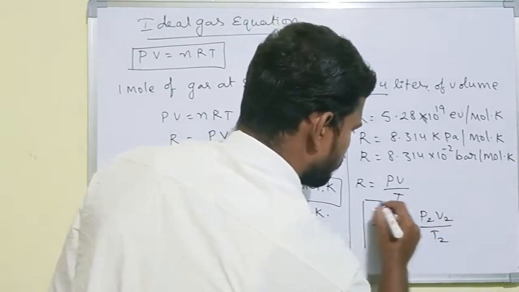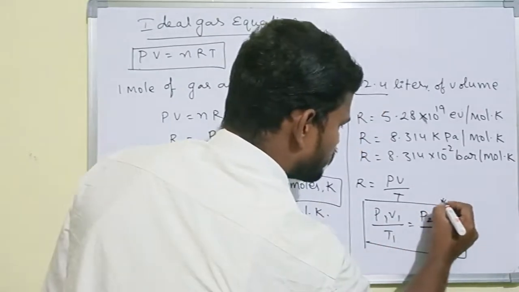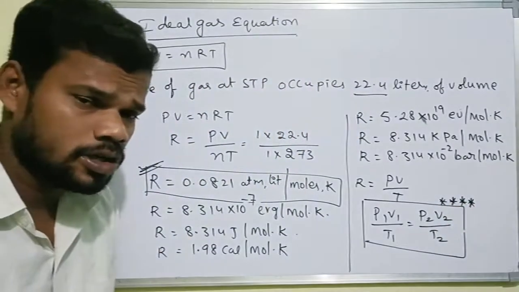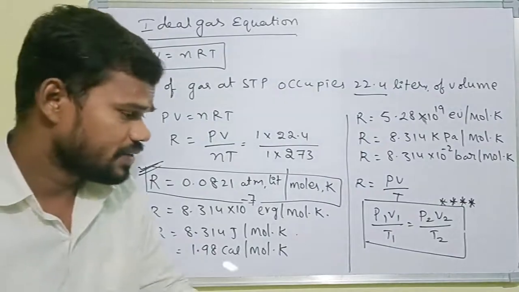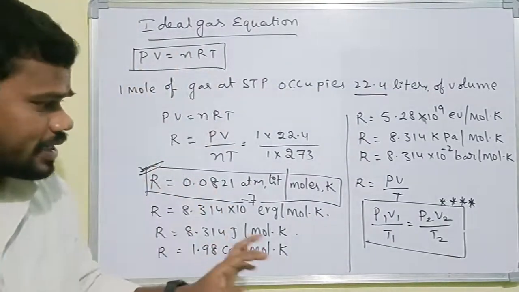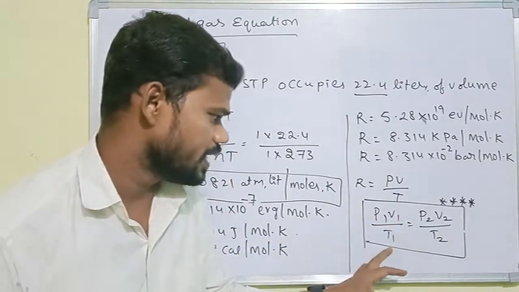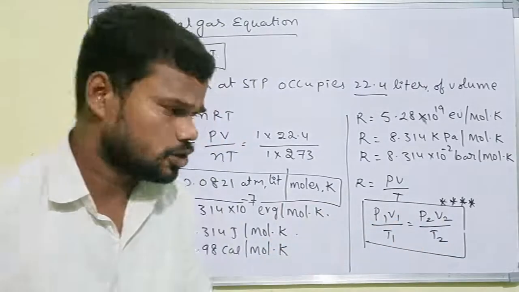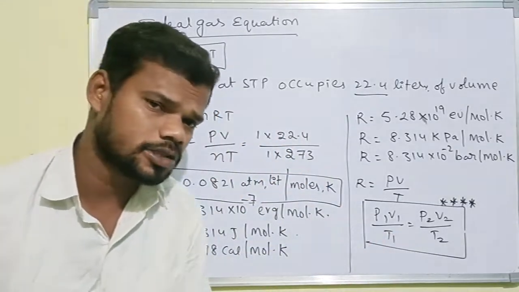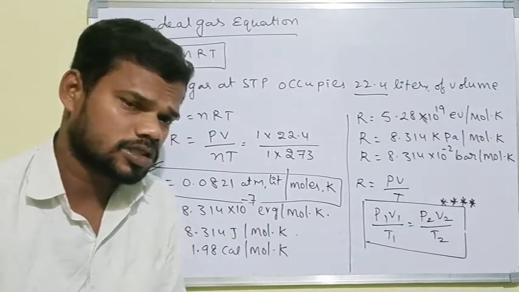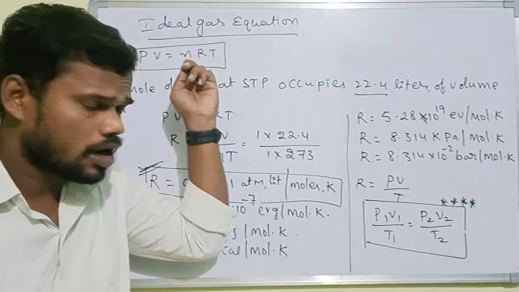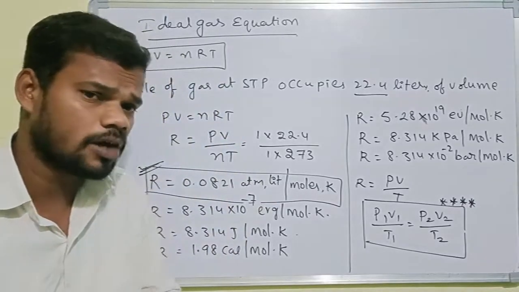This formula is also very important, and many times they ask questions based on it. So we have to remember these two formulas: PV equal to nRT, and P1 V1 by T1 equal to P2 V2 by T2. Based on these formulas they ask JEE or NEET questions. Clear? Now we have to discuss how they ask the questions.